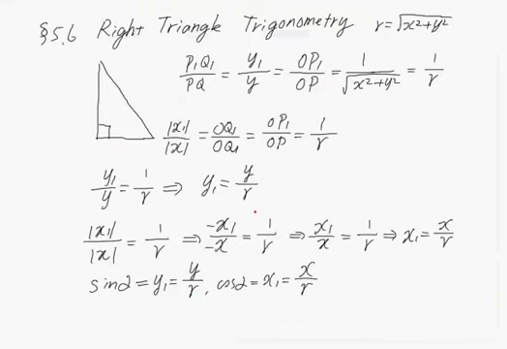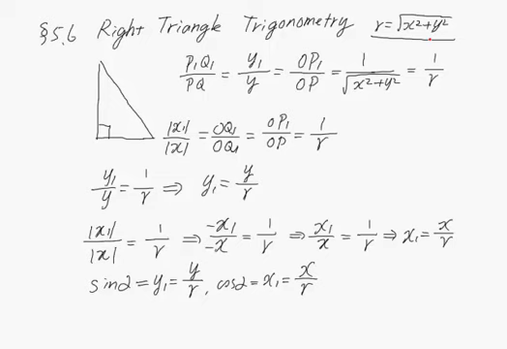So this argument can be repeated in each quadrant. Right now we just work in quadrant 2. You can do the same thing for the other 3 quadrants, and it works. So that means we may just use x, y, and r, where r is equal to the square root of x squared plus y squared, to define the sine and cosine of alpha.